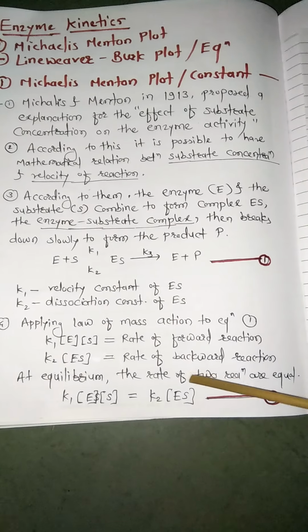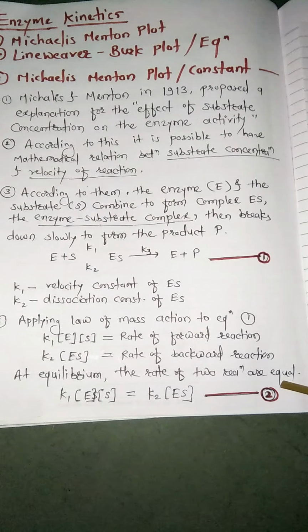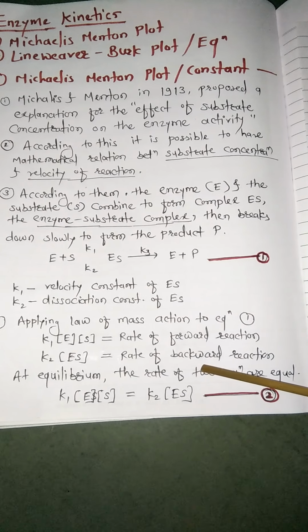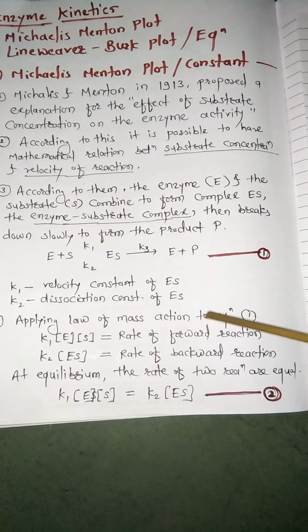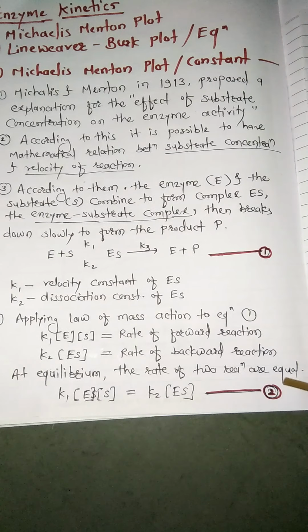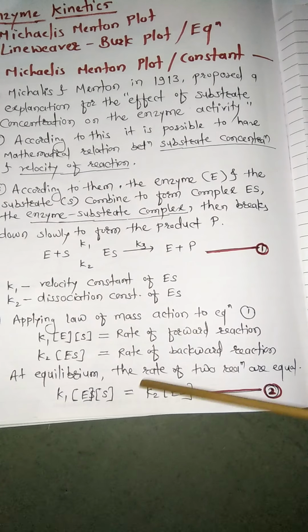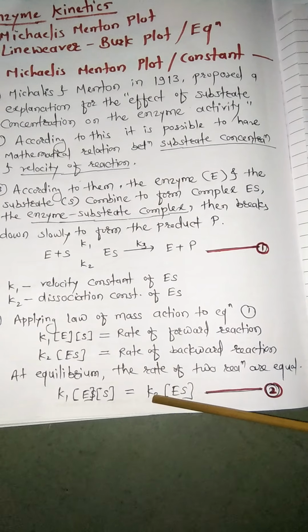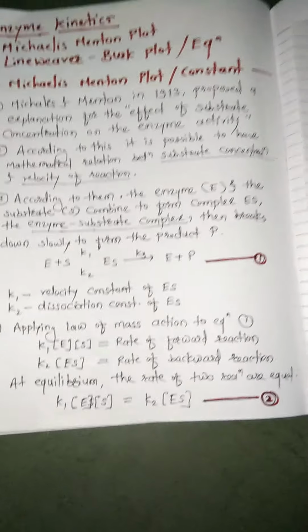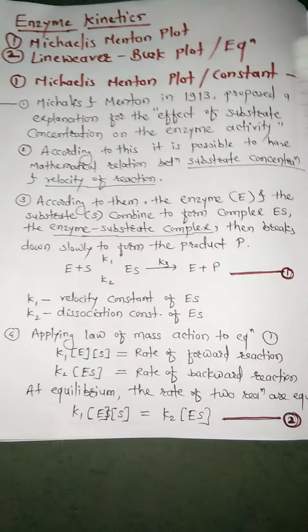At equilibrium, the rate of forward and backward reaction will be equal. So K1 times enzyme and substrate is equal to K2 times the enzyme substrate complex.